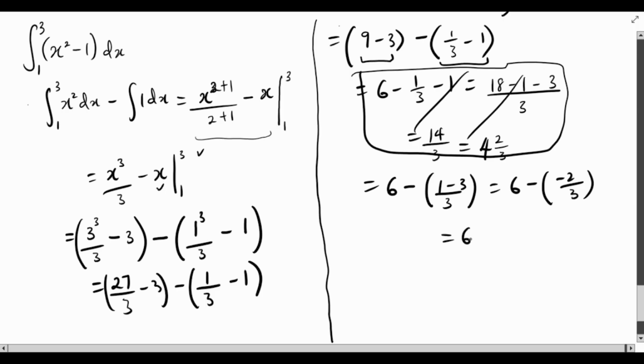Okay? So that's 6 minus is plus, 6 plus 2 over 3, which is actually denominator 3, 18 plus 2. So that's 20 over 3, which is 6 whole number 2 over 3. Is the final answer, right?